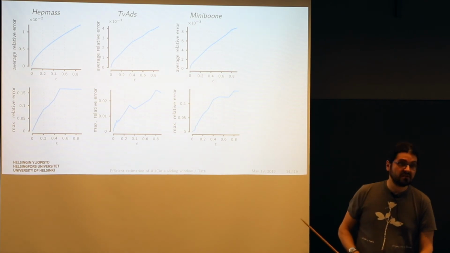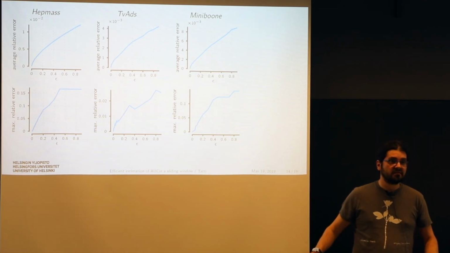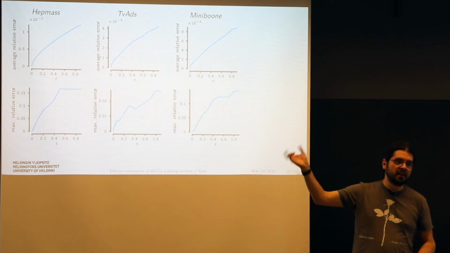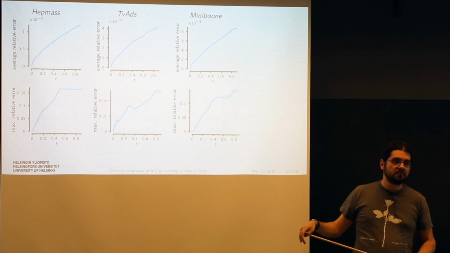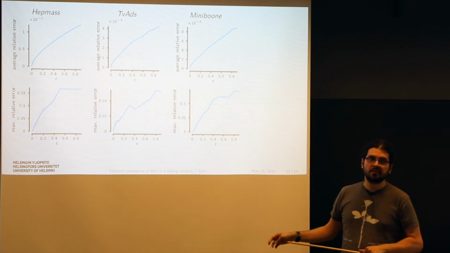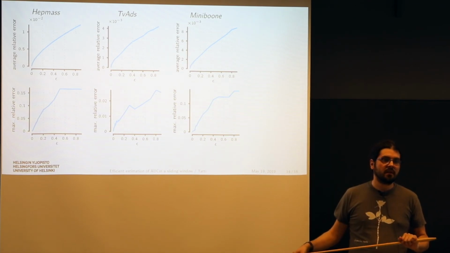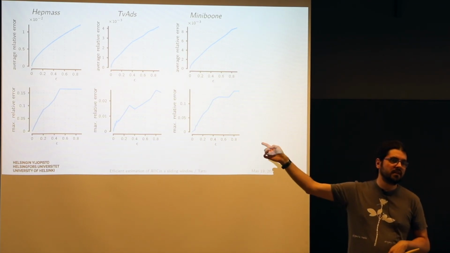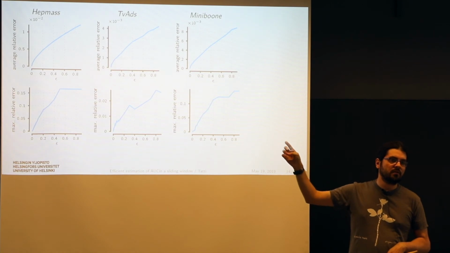Just a clarification. AUC is between 0 and 1, but it's also relative error, so I divide by the AUC. But the epsilon is an absolute error, right? It's relative error. It's relative as well. It's the approximation guarantee, the same epsilon as before.